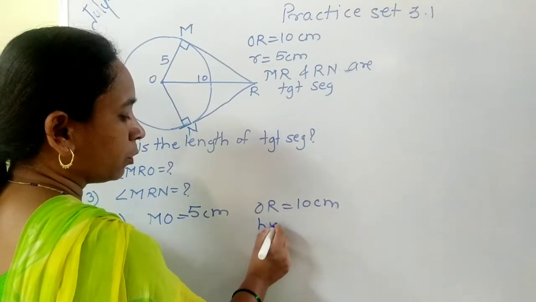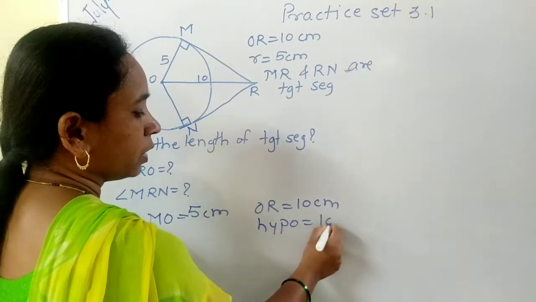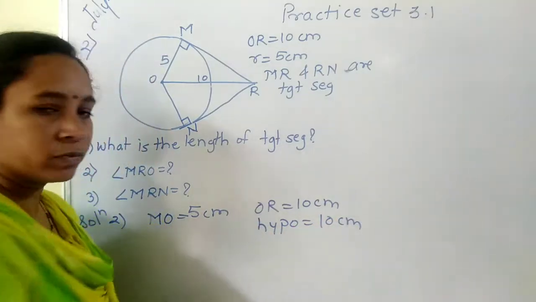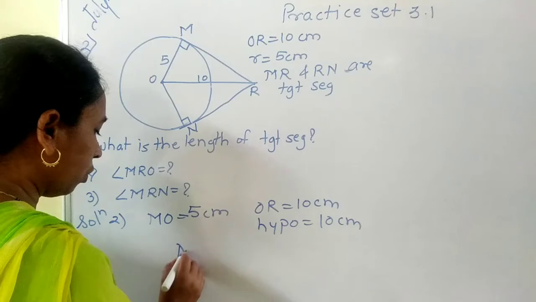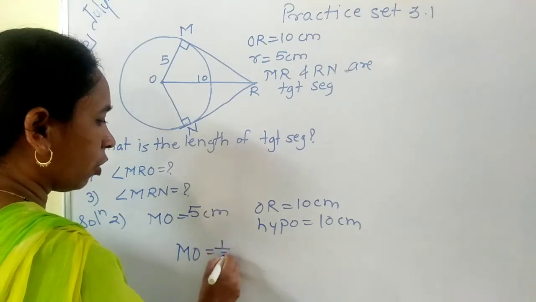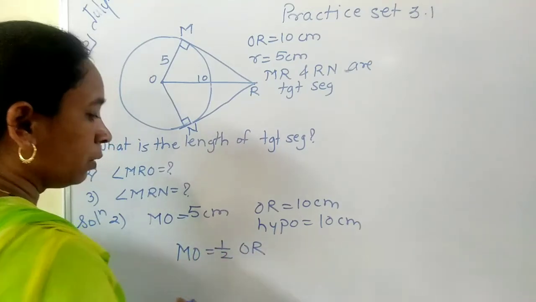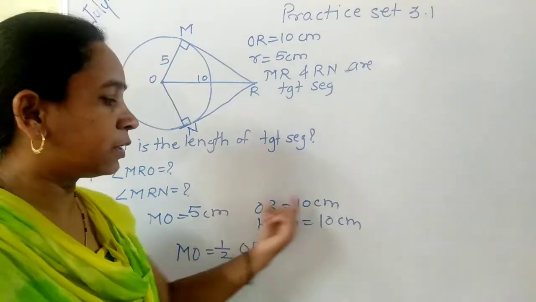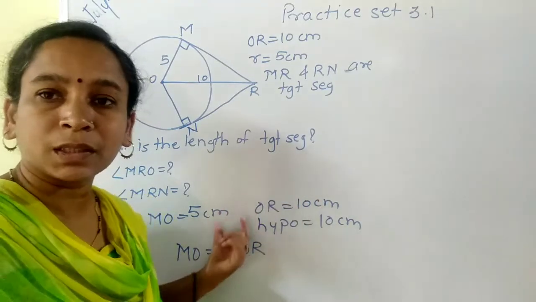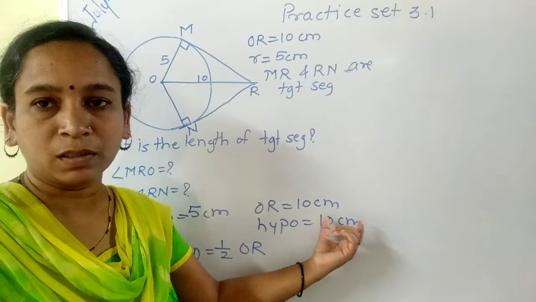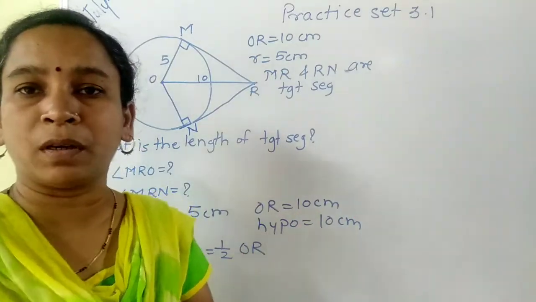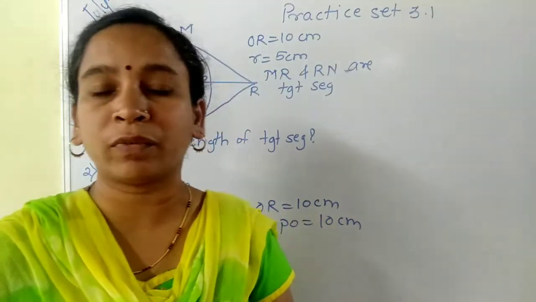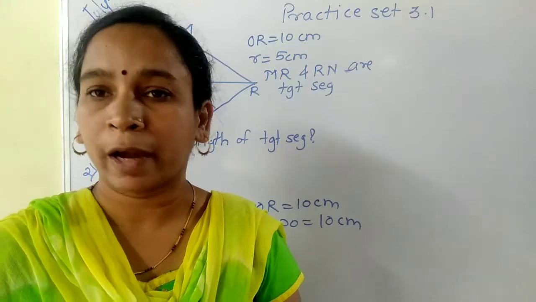OR is the hypotenuse, 10 centimeter. What is the relation of these two? If you observe, MO is half of OR, means 5 centimeter is half of 10 centimeter. This side is half of the hypotenuse, and you know the property that the side opposite to 30 degrees is always half of the hypotenuse.